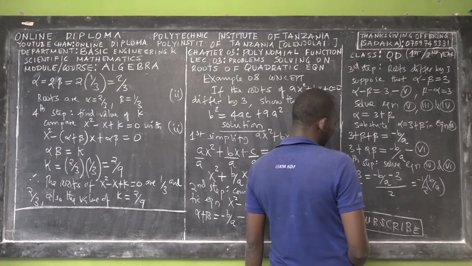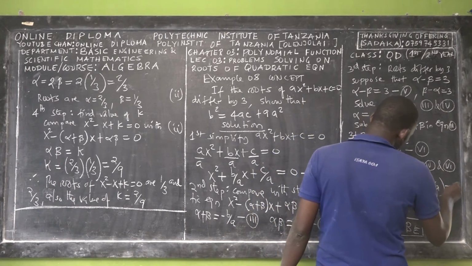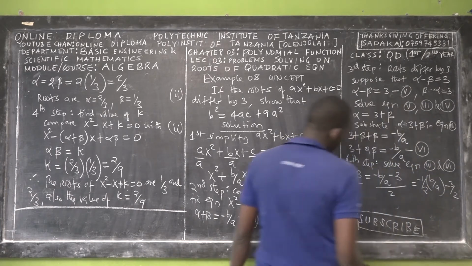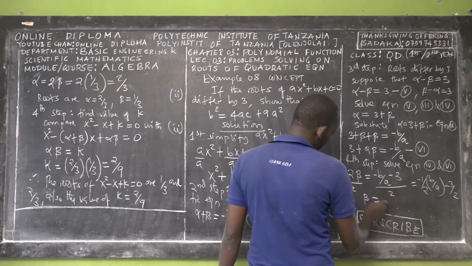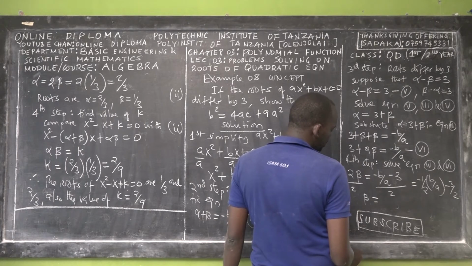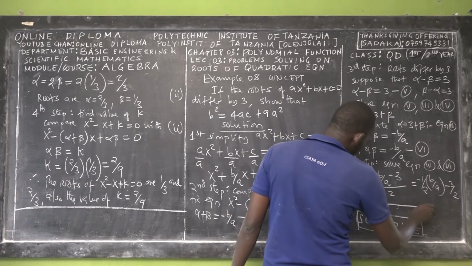Yeah, 1 over 2 b, then minus what? 3 over 2. So simply, we find that beta is equal to what? Find the LCM.